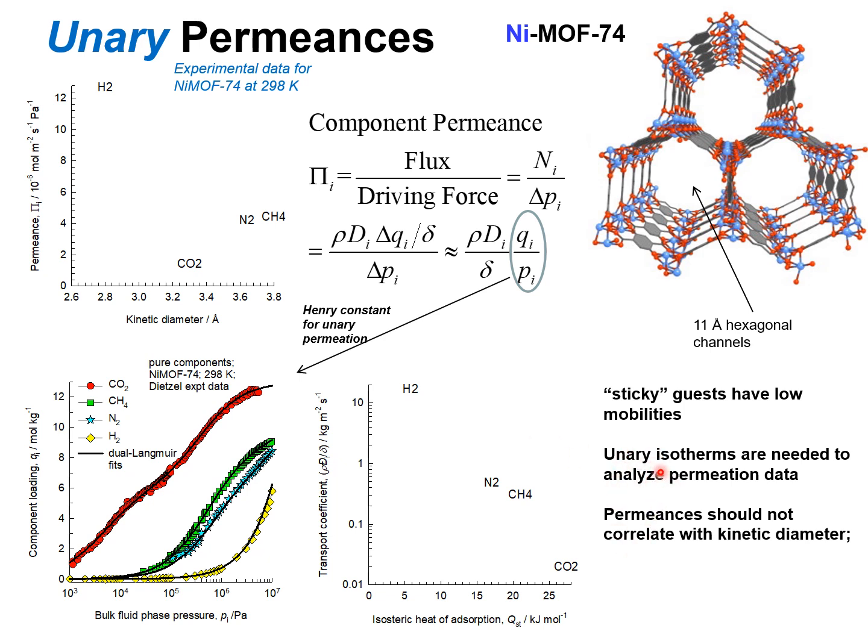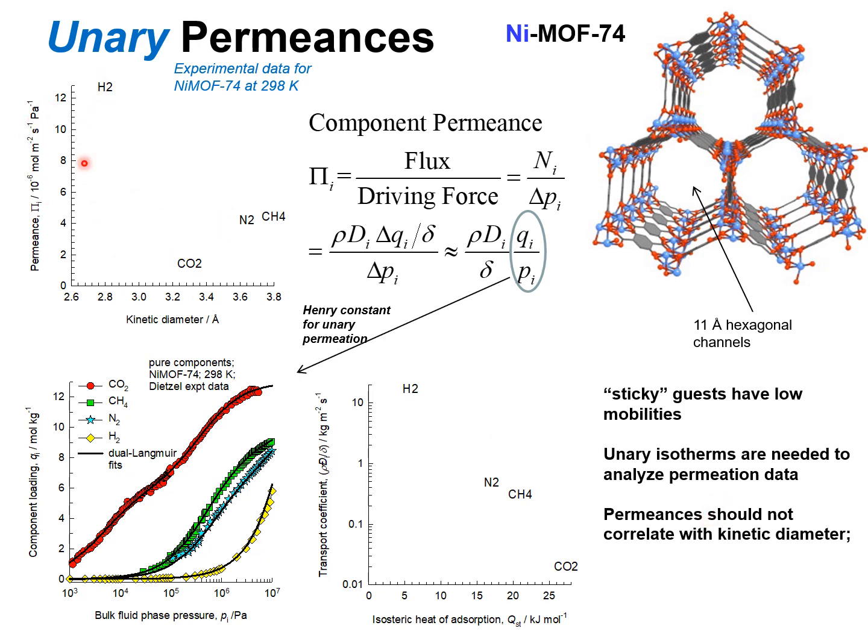In other words, if the component is strongly bound inside frameworks such as nickel MOF-74, remember I'm now considering membrane materials whose characteristic dimensions are larger than 5 angstrom. This is 11 angstrom in size. Sticky guests have low mobilities, and we should not expect the permeances to correlate with the kinetic diameter.